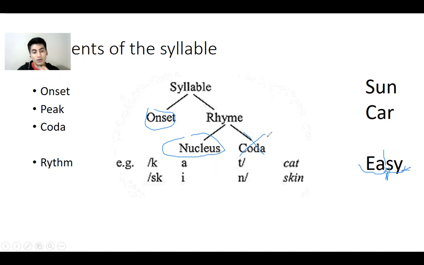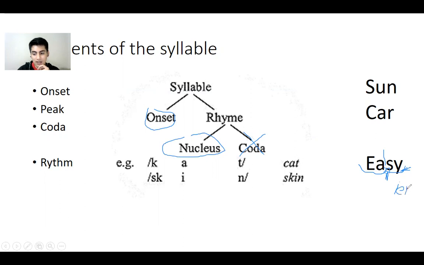That is why in the word easy, the E is long, you know, it's pronounced long, like easy. That's why. But let's make an example. What if we change the word easy to easier?